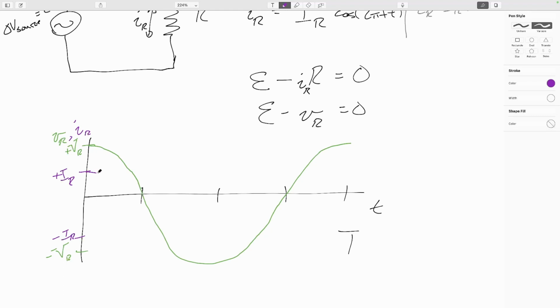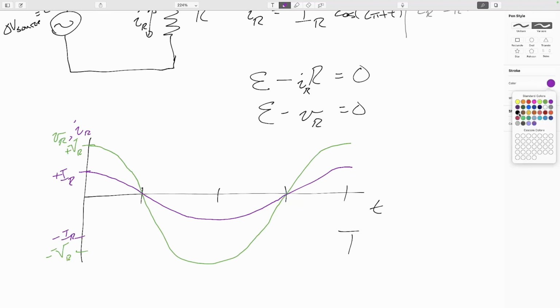All we can say is how one is going up and down versus how another one is going up and down. Whenever the voltage across the resistor is high, the current through the resistor is high. Whenever it's negative, the current's flowing the other way. When the voltage is 0, there's no current.